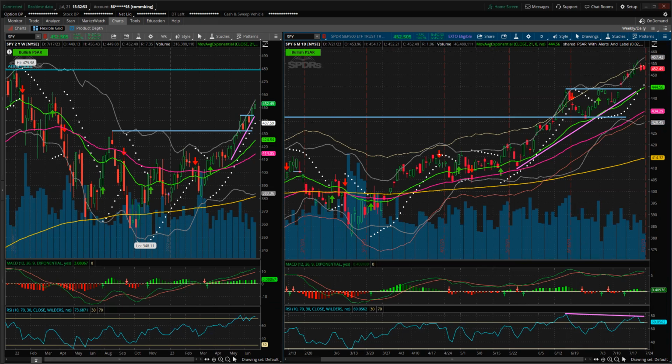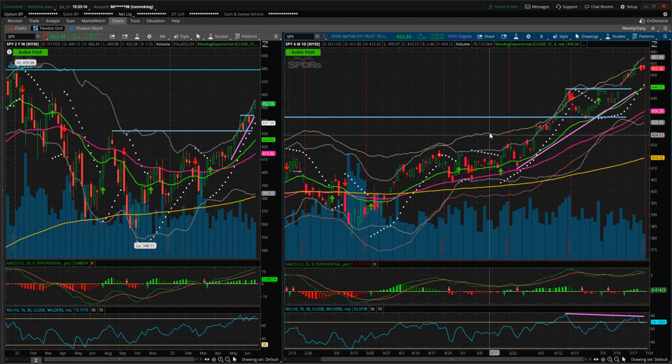You can see most of the moves are going to be contained inside those Bollinger Bands. So it gives you a sense of how often we're going to stay in here, or how much time we'll spend inside and contain the move. When they get wider, we're making a pretty big move. When they get narrower, we're in consolidation.